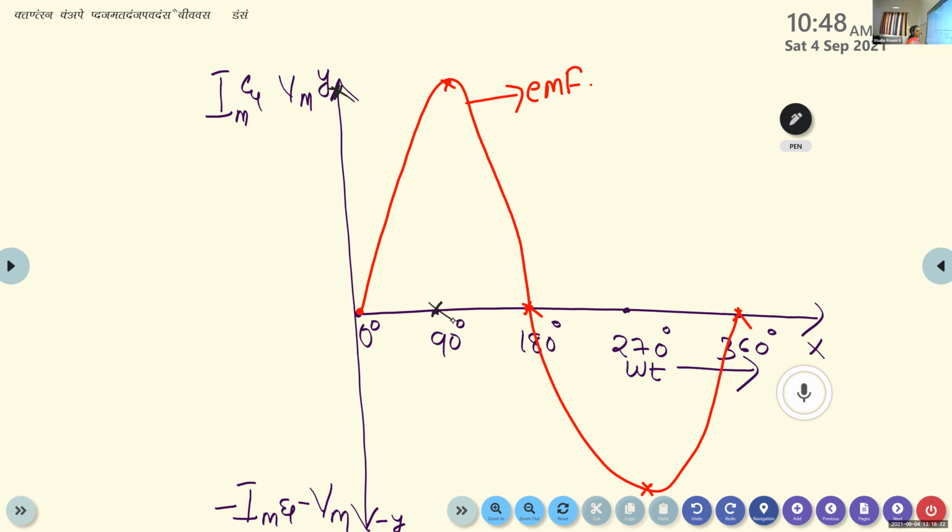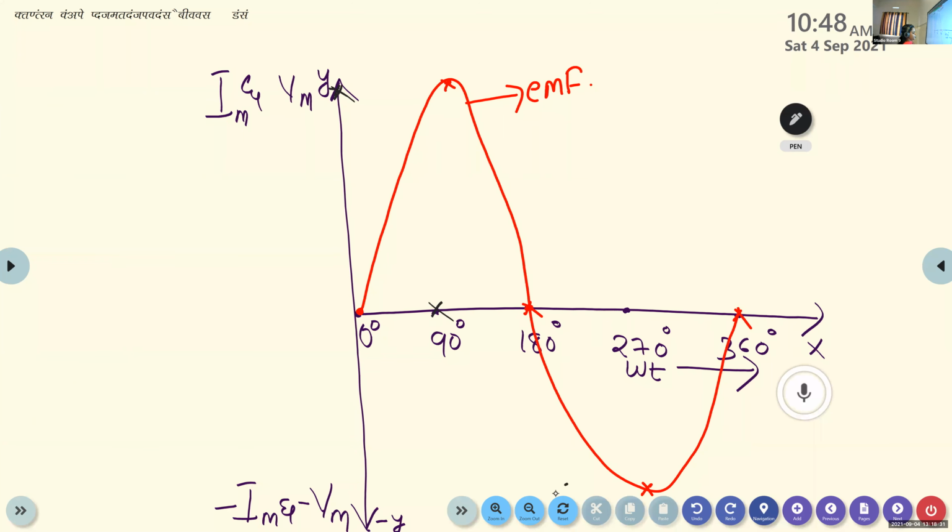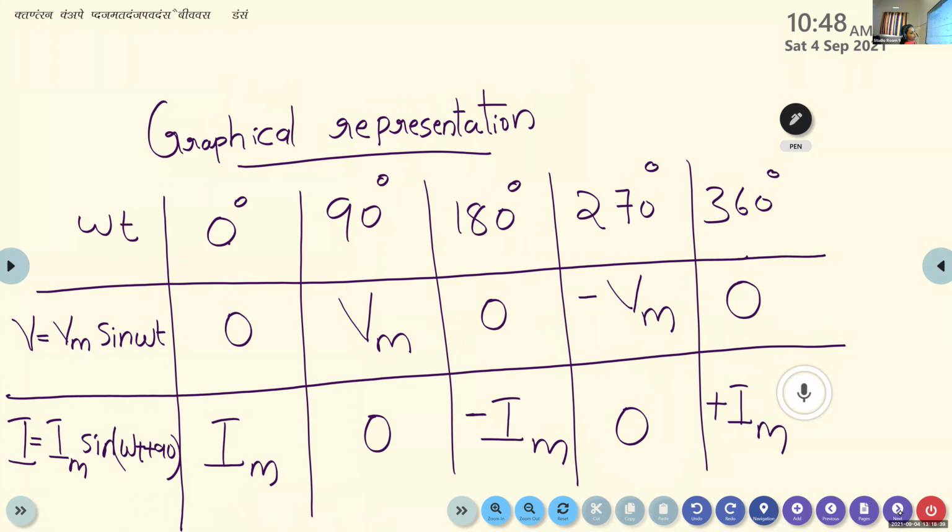At 90, it is 0. Then again 180, negative Im. 270, it is 0. Then 360, it is positive Im.